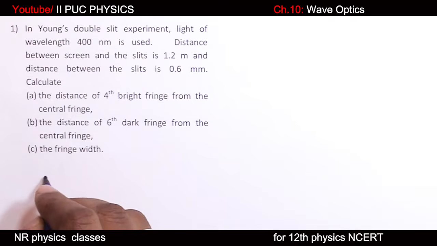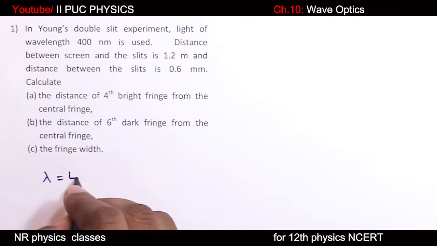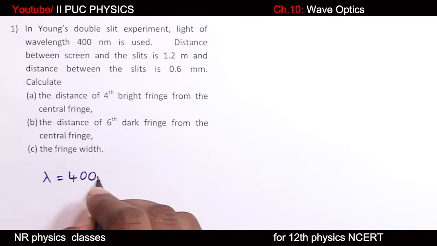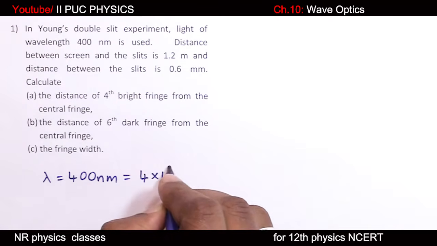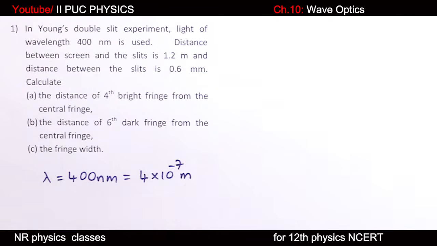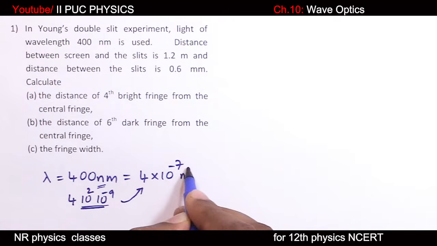In Young's double slit experiment, light of wavelength 400 nanometer is used. So let us collect the data. Lambda is 400 nanometer, which is 4 10 power minus 7 meter. Is this clear to you? 4 is 4, 2 zeros, 10 power 2, nano is minus 9, and 4 10 power minus 7 meter.